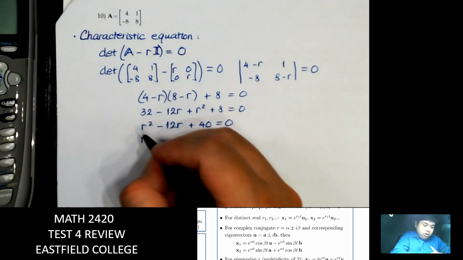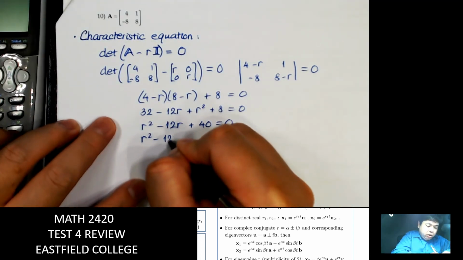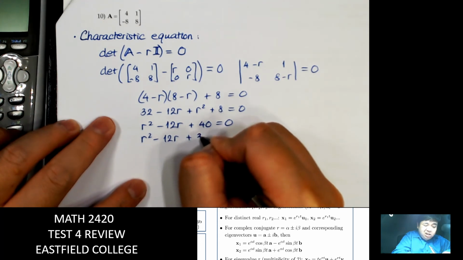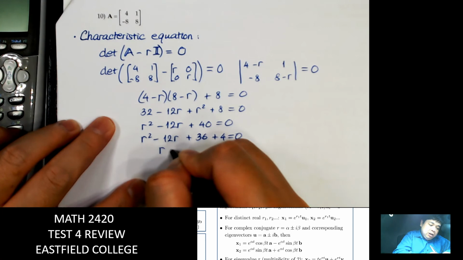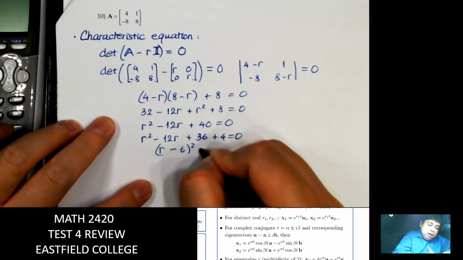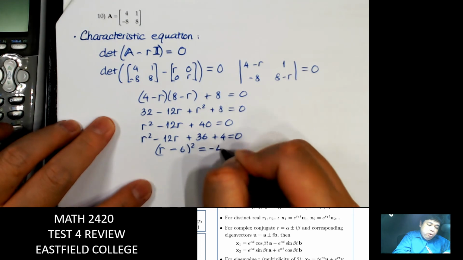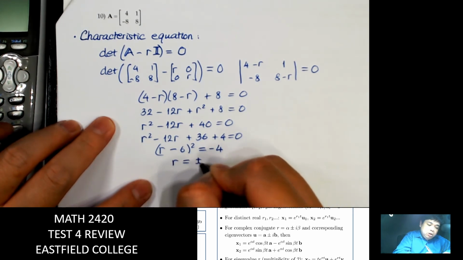So R squared minus 12R plus 36 and 4. So R minus 6 squared equal to minus 4. So R equal to plus or minus 6.